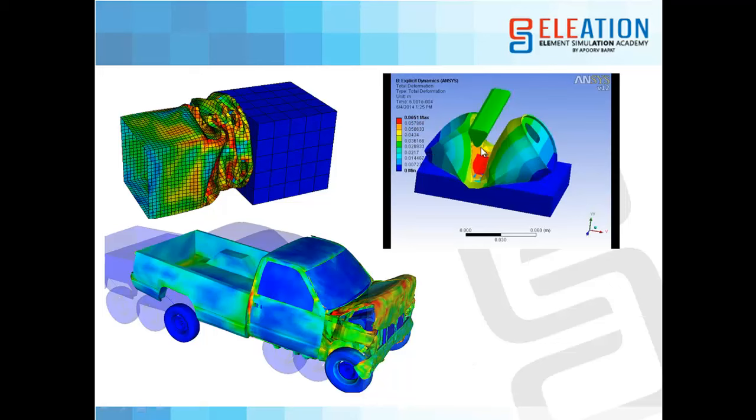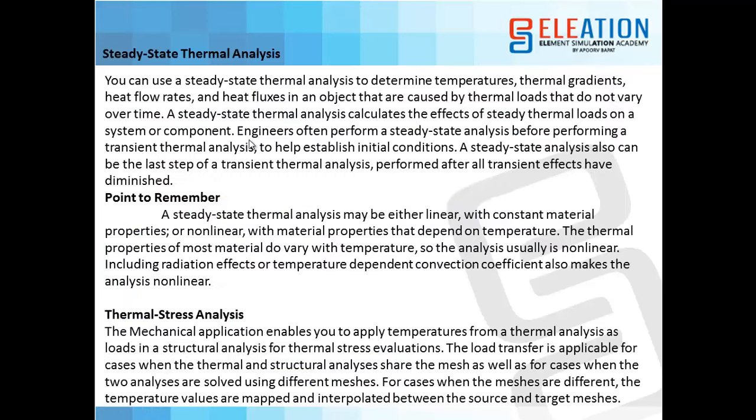So we can see the actual phenomena, how the impact happened, what will happen at the time of impact, and after the impact, the bounce back effect. All these things can be captured using dynamic analysis, which you cannot do in static. So static is for a particular instance, but dynamic is for the complete duration of the impact happening to your structure.